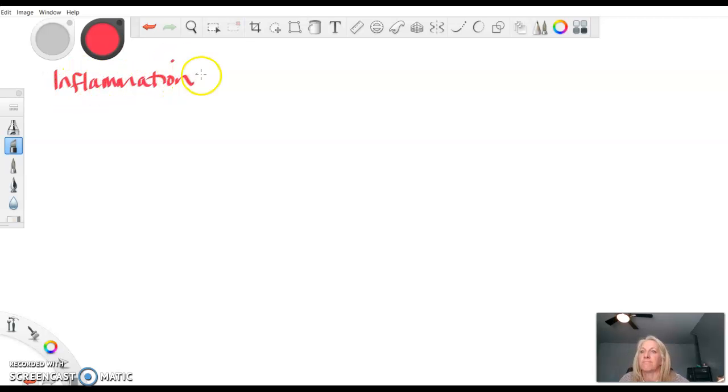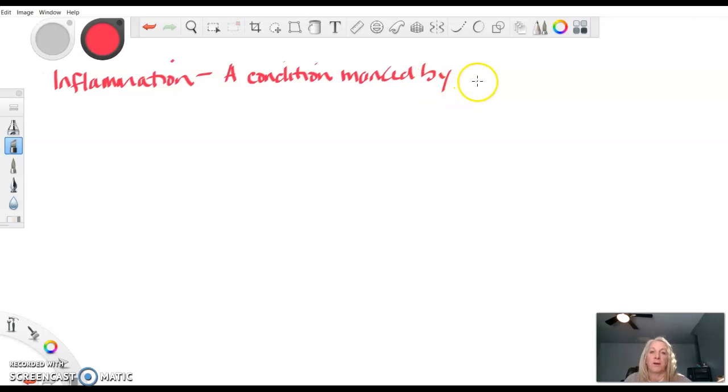So inflammation is basically a condition that's marked by symptoms of redness, swelling, heat, and pain.